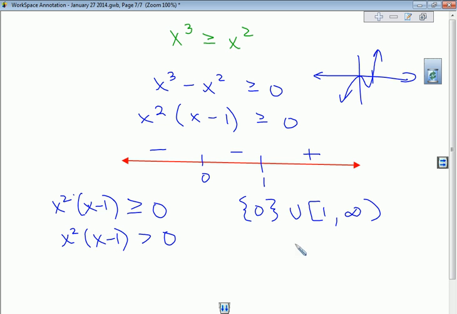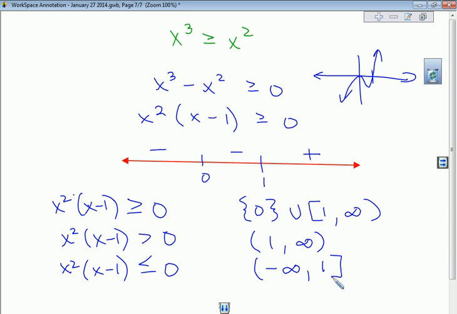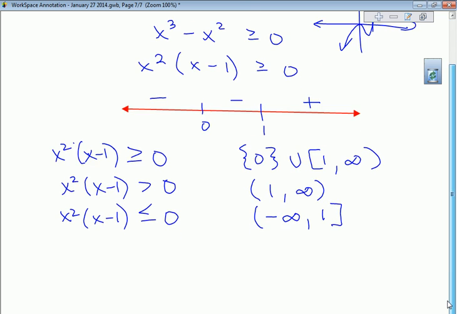Now, how would this change if instead of greater than or equal to 0, I just said greater than 0? You wouldn't have 0. You don't have this, and it would just be parentheses, okay, 1 to infinity. What about less than or equal to 0? So less than or equal to 0 is actually everything less than 1, and including 1, isn't it?